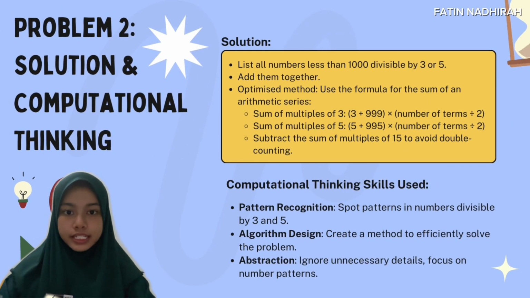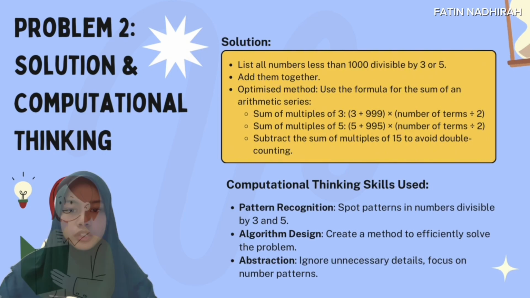To solve this, we need to find the sum of all numbers below 1000 that are divisible by 3 or 5. Instead of listing and adding them one by one, we can use a shortcut, a formula from arithmetic sequences.